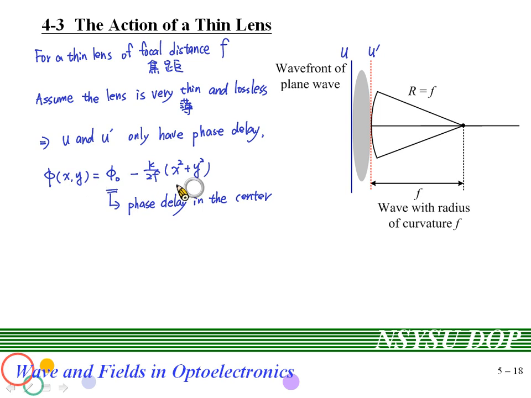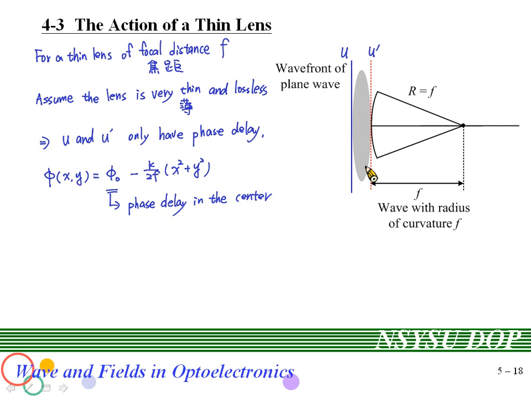So the phase delay will be phi 0 minus this term. The longer the distance between the points and the center point, the smaller the phase delay you will have. So this term can tell us the phase delay along u prime.